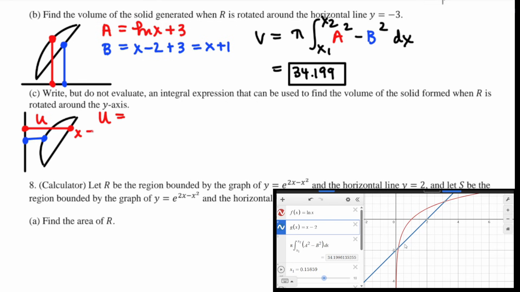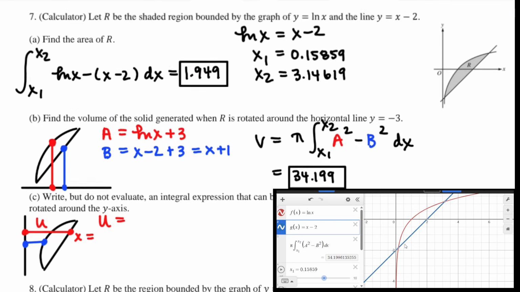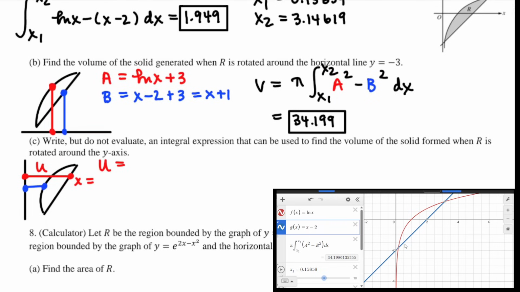On the right, if y equals x minus 2, then x is going to be y plus 2. And then over here, the y-axis is the set of all points where x equals 0. So U would equal y plus 2 minus 0. And then V, right, would be e to the y if y is log x, and then x equals 0, so V equals e to the y.